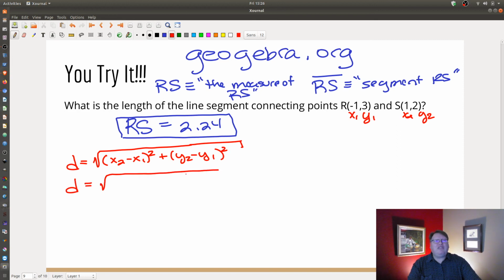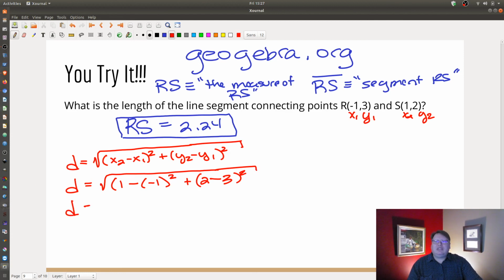And I have x2 is equal to 1 minus a negative 1, squared, plus y2 is equal to 2 minus y1 is equal to 3, and that's squared.